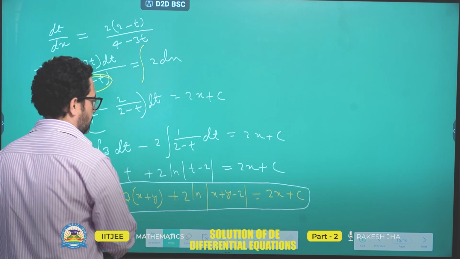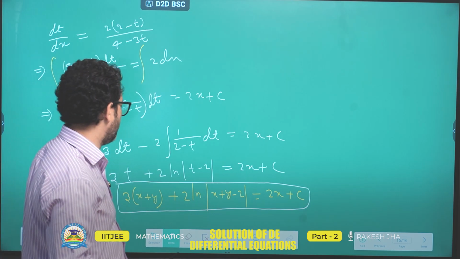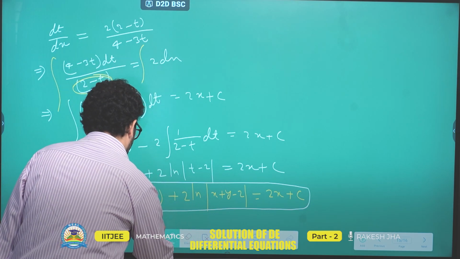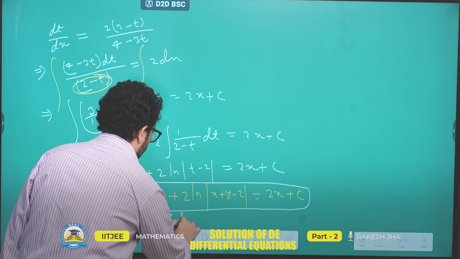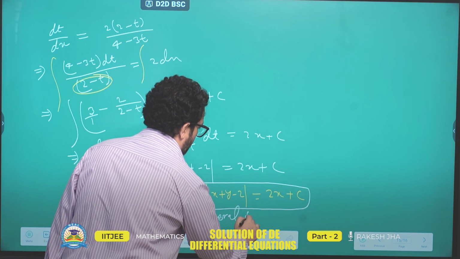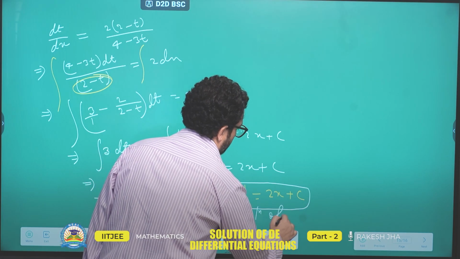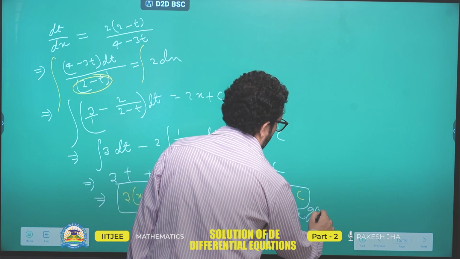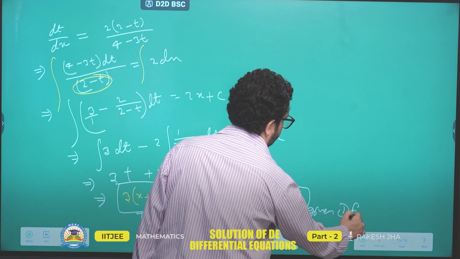This is nothing but the general solution of the given differential equation.